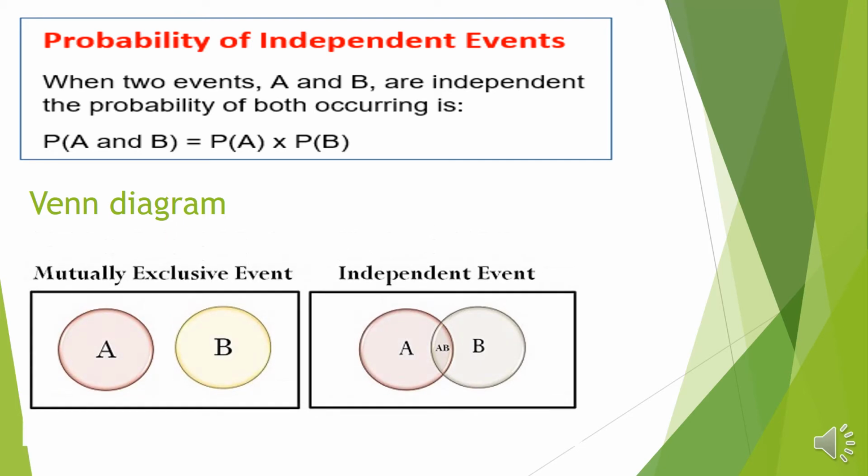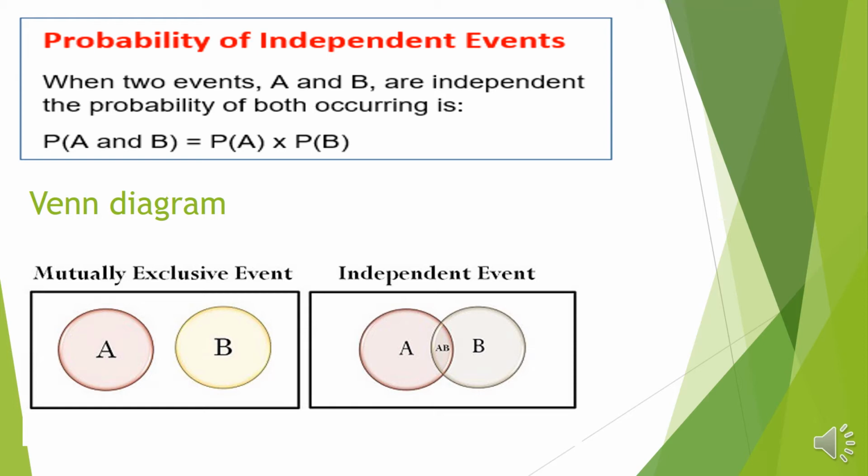Venn diagram. These two events, as you see in the first figure, A and B, are said to be mutually exclusive events. Why? The intersection of the two events A and B is empty.